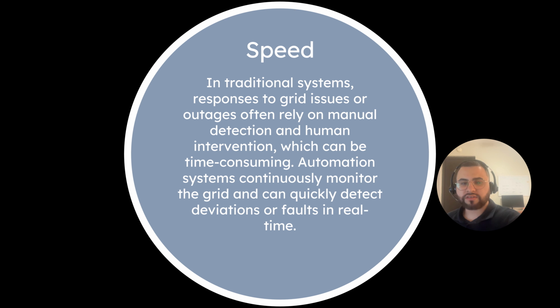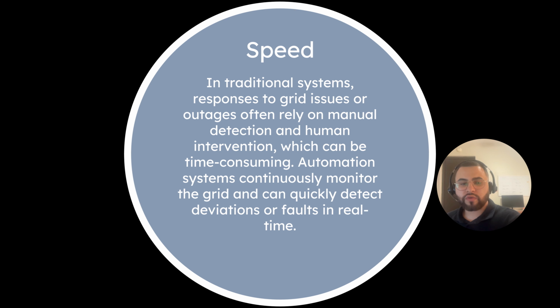These systems are designed to continuously monitor the grid using advanced sensor technologies so that they can automatically detect deviations or faults in real time, enabling a much faster response to grid issues. The immediate detection capability of automation systems significantly reduces the time it takes to pinpoint and address problems, leading to enhanced grid resilience and minimized downtime.